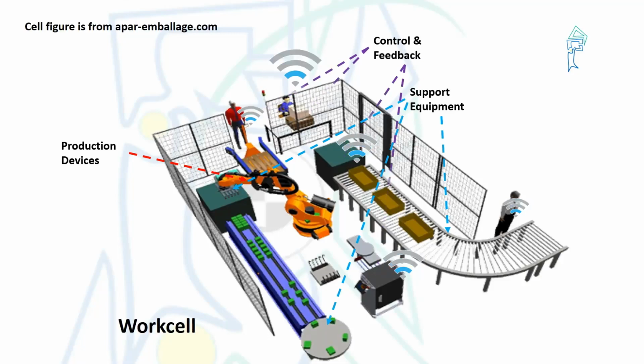As you can see here, the work cell has at least cell controllers, which mainly control all the controllers involving the CNC systems or the robot controllers, as well as the communications system of the work cells.